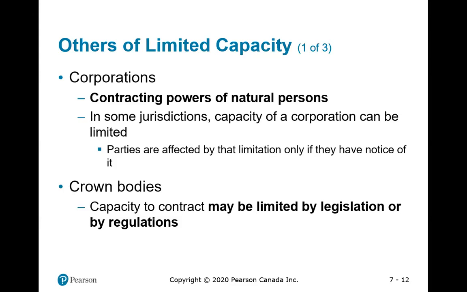Let's say my wife and I are shareholders of a company, and we don't want the company to do business with the government for whatever reasons. In the internal company documents, we can limit this. It means that our corporation has limited contracting capacity.